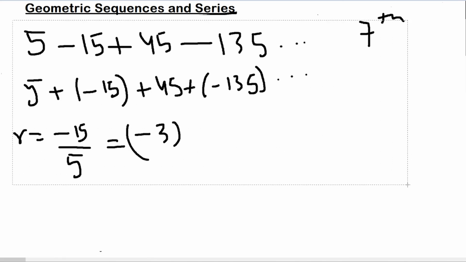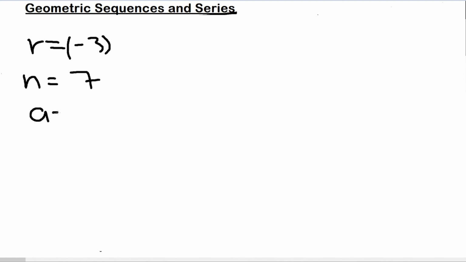Now that we know that, and our n is 7, so r is negative 3, n is 7, and the first term is 5, positive 5, so it's fine. We will use the sum formula, which is given as, since r is negative 3, it's less than 1, we will use the first one.